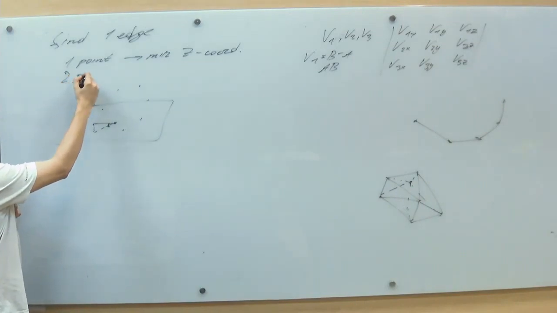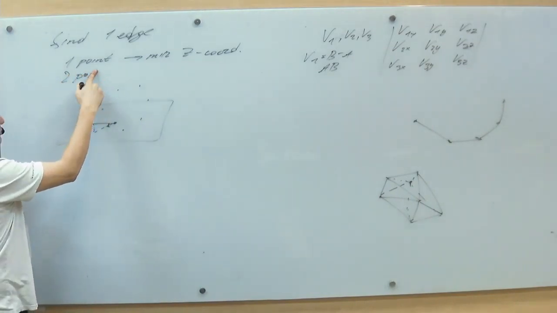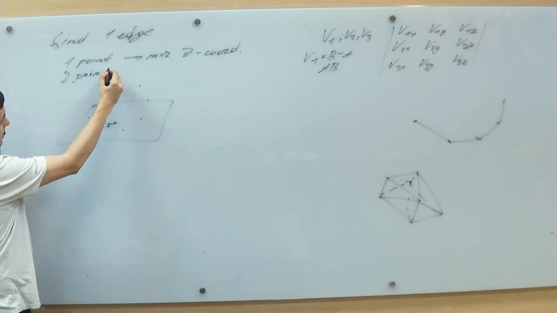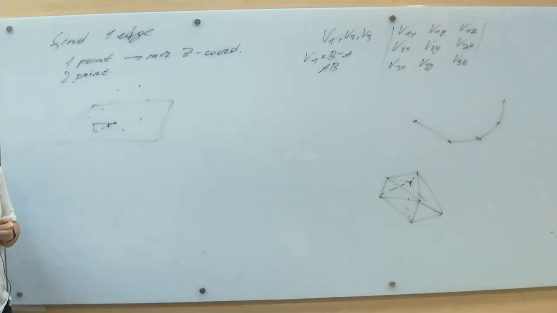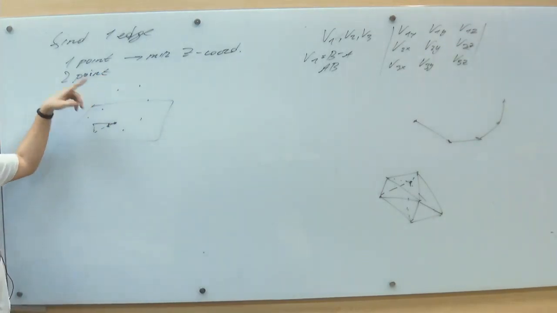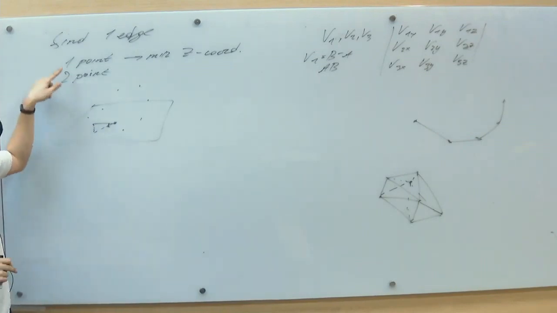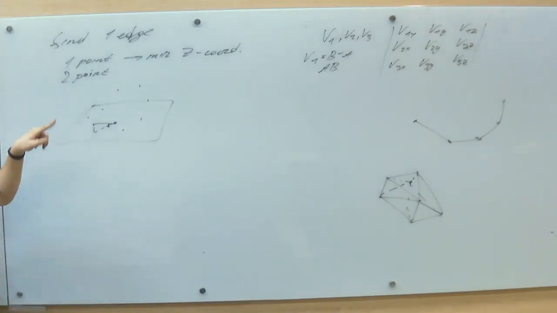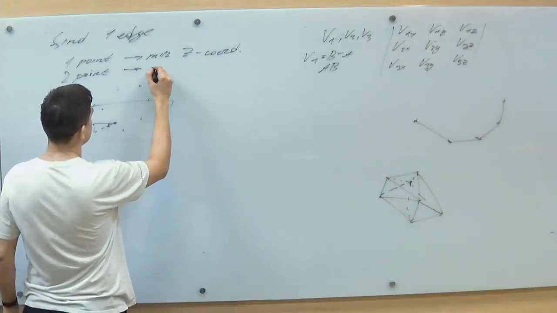Second point, well, it's one of the ways. If you know any other way to find another point such that the first point and the second point form an edge of a convex hull, I don't know any easier way to find an edge.